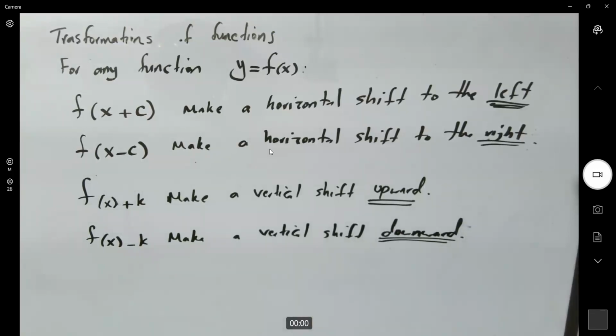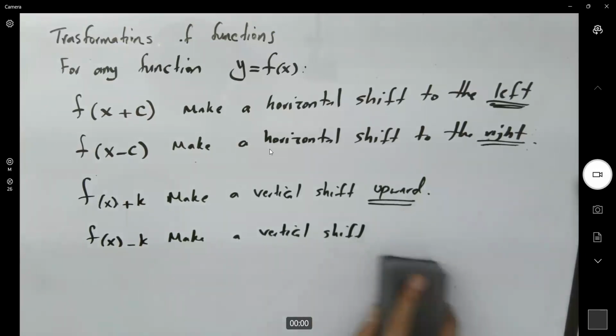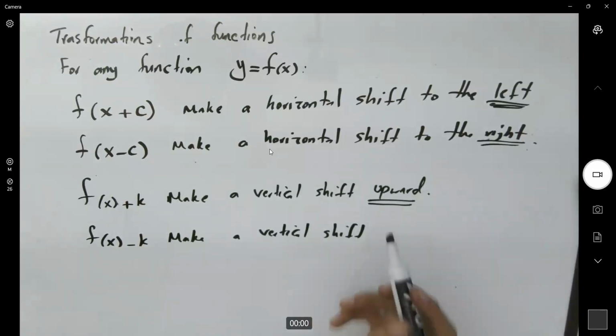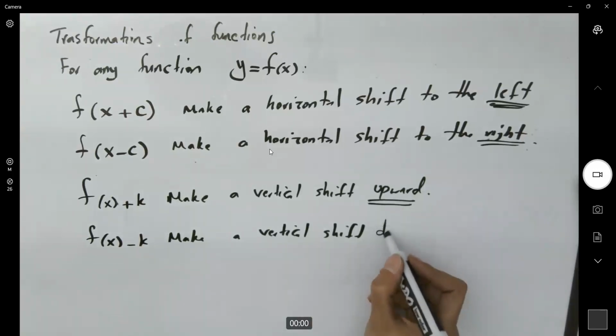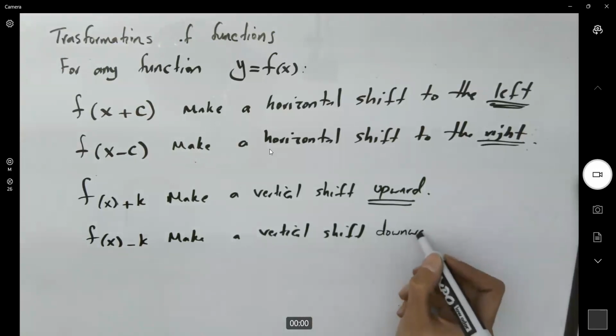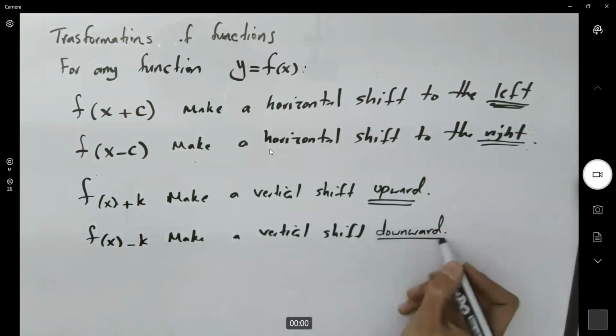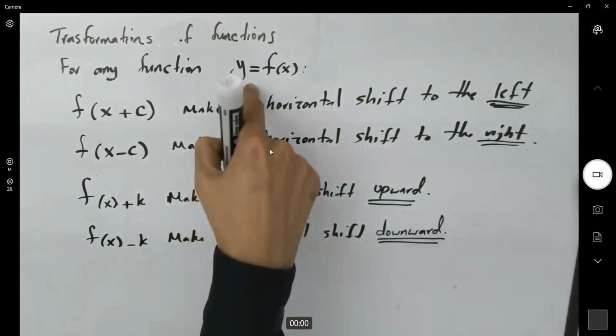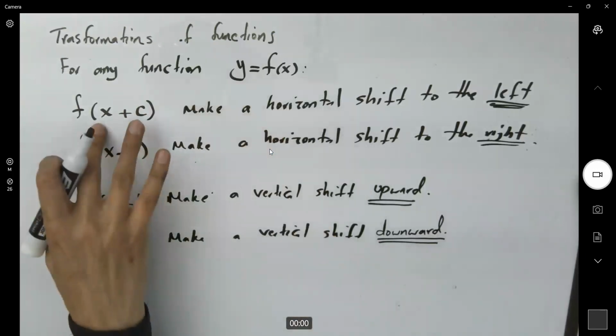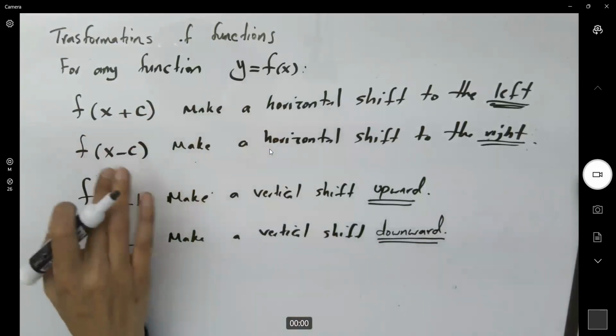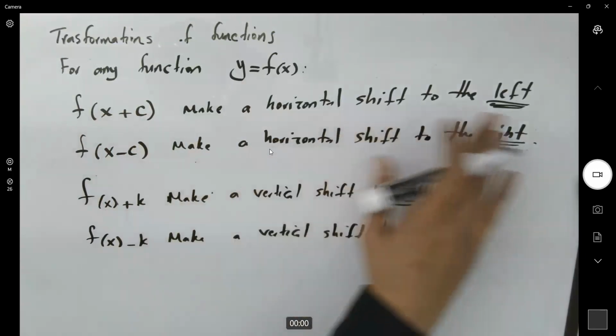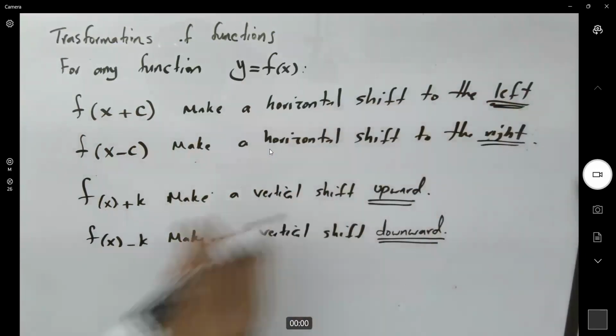So far, we saw these observations, these changes, these transformations to our function. Again, adding, subtracting to the x, horizontal shift.